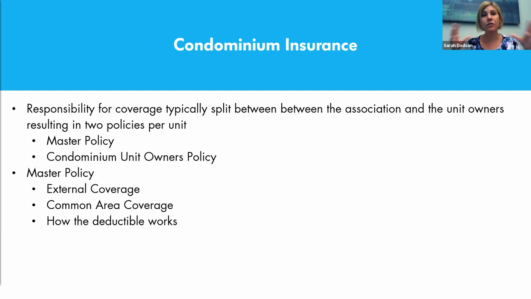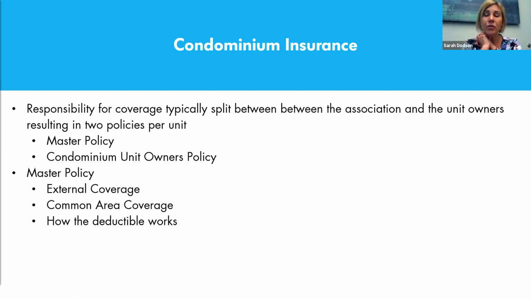They're detached dwellings, but they're owned by an association, and the association has a master insurance policy on each separate dwelling. So still that unit owner would only need to get a condo insurance policy.